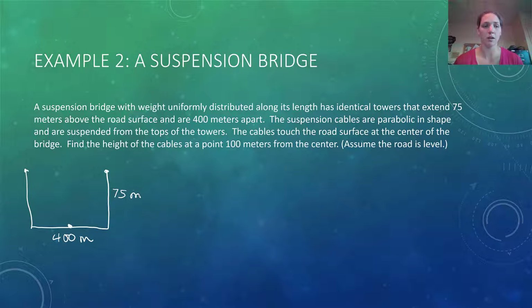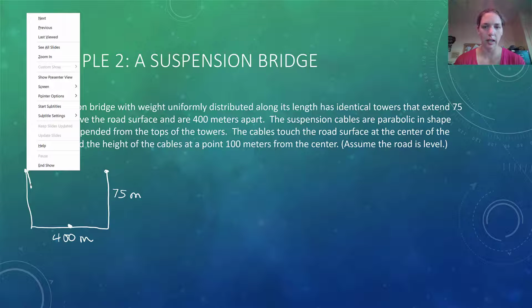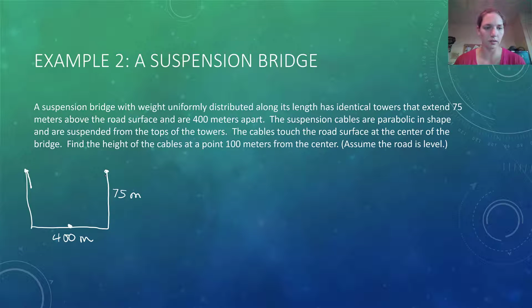The suspension cables are parabolic in shape and suspended from the tops of the towers and touching the road's surface, there we go, at the center of the bridge. Find the height of the cables at a point 100 meters from center.